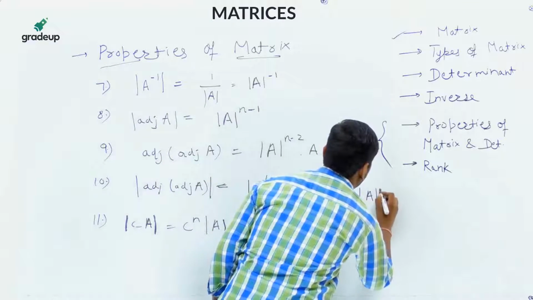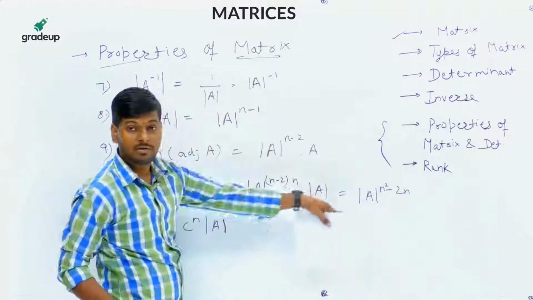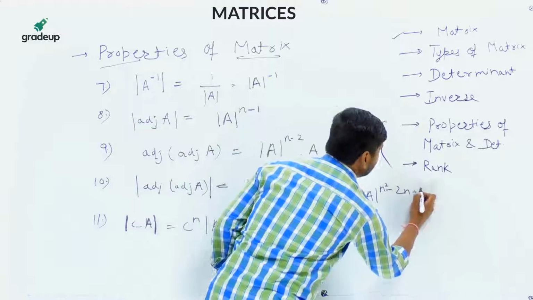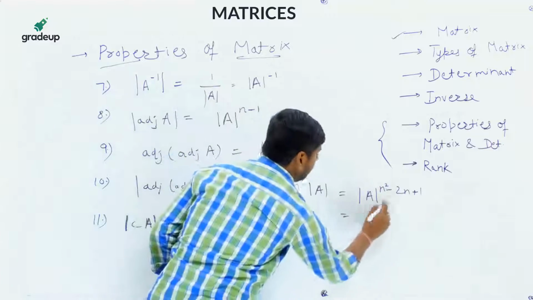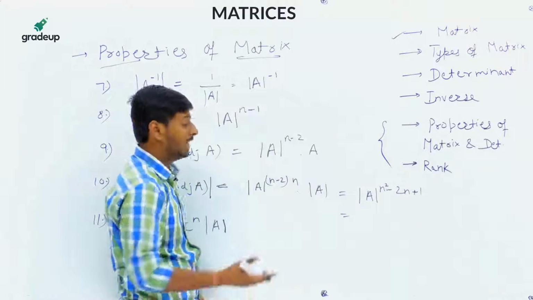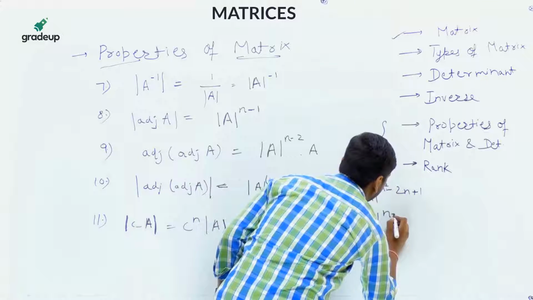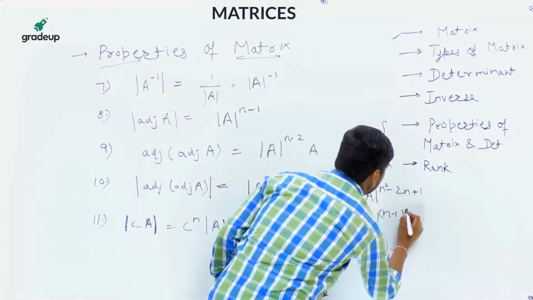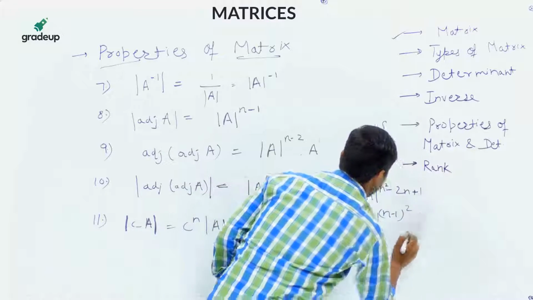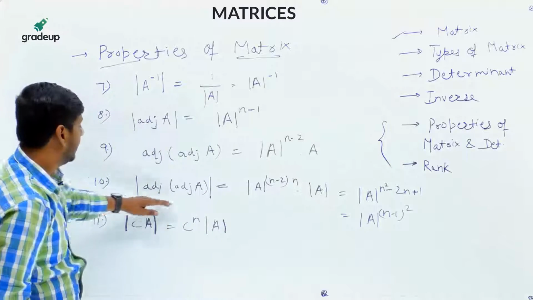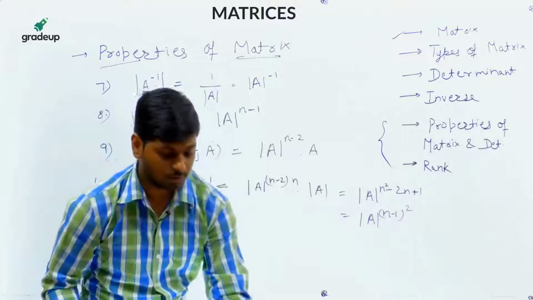So determinant A to the power n square minus 2n into determinant of A, which is plus 1 in the power. So this is equal to n square minus 2n plus 1, which is n minus 1 whole square. So determinant A to the power n minus 1 whole square. Okay, this is the determinant of adjoint A: determinant A to the power n minus 1 whole square.